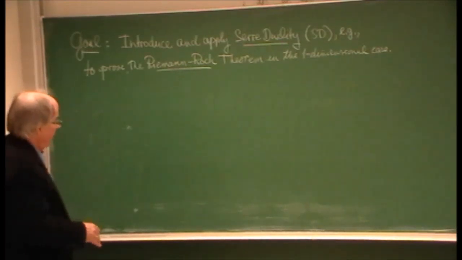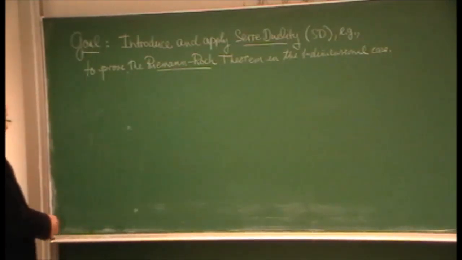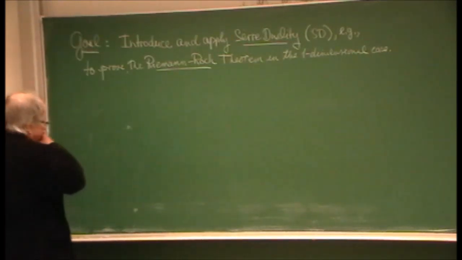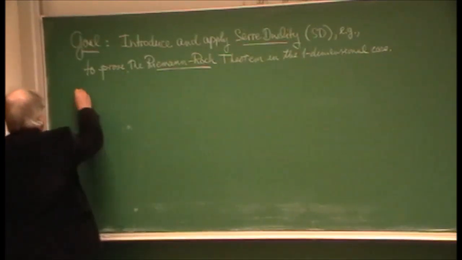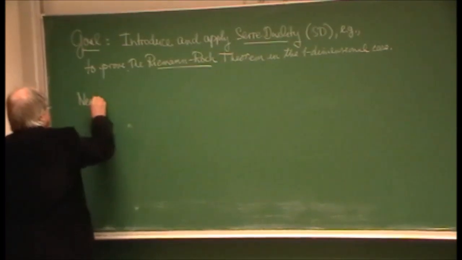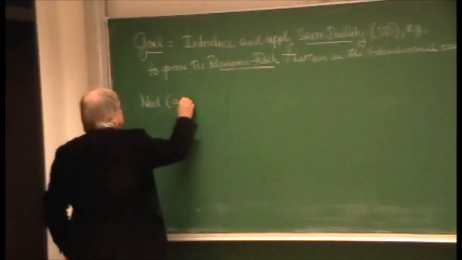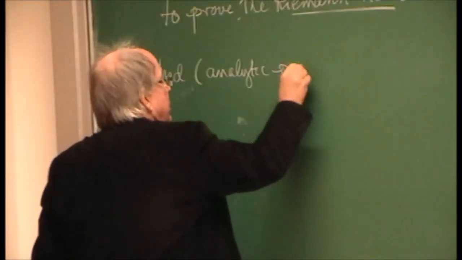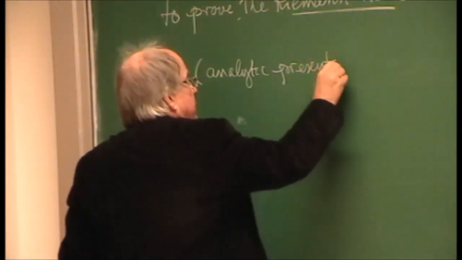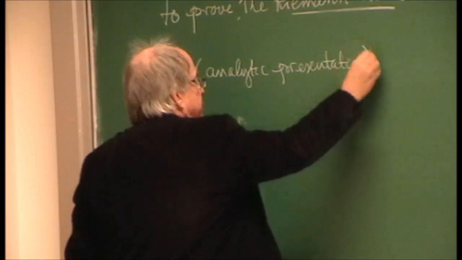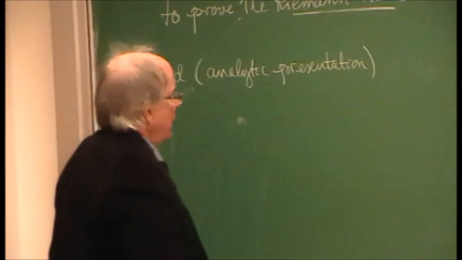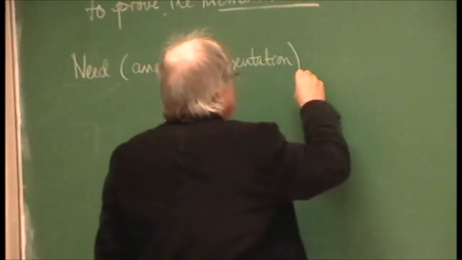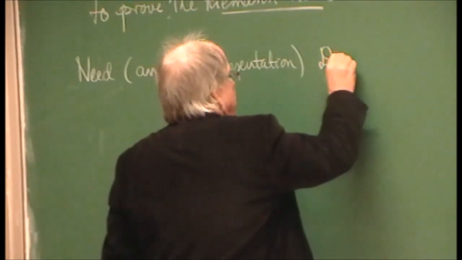In dimension 1, all we need is Serre duality and finiteness of the spaces. For this, for an analytic presentation, I need the Dolbeault-Grothendieck isomorphism.